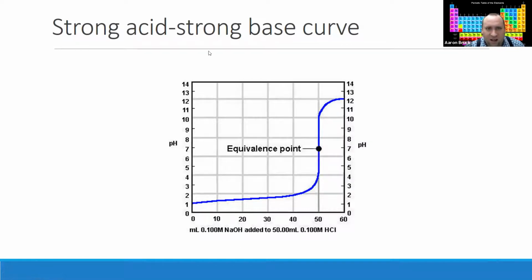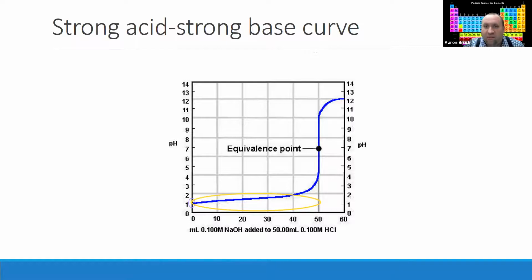And you can see in this strong acid, strong base curve, we've got the low starting pH. We've got this region initially that is very flat. It takes 10, 20, 30, 40 milliliters to go from pH 1 to pH 2.